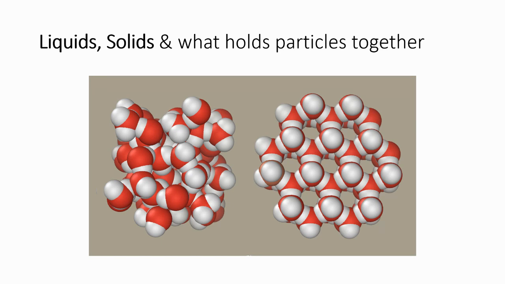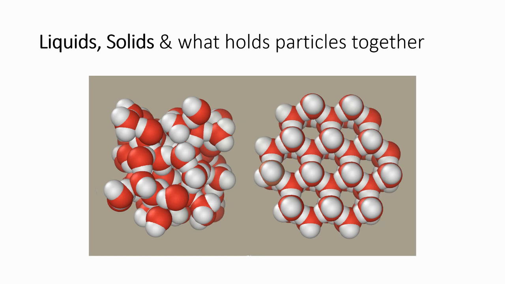Last term, we finished the term by talking about gases and their properties and looked at several different equations that we could use to make predictions about gases. When we start this term, we're starting with two other phases, the liquids and solids. What you'll notice about liquids and solids is that they're pretty similar to one another, but quite different from gases.